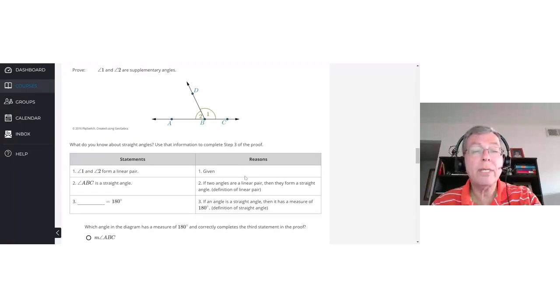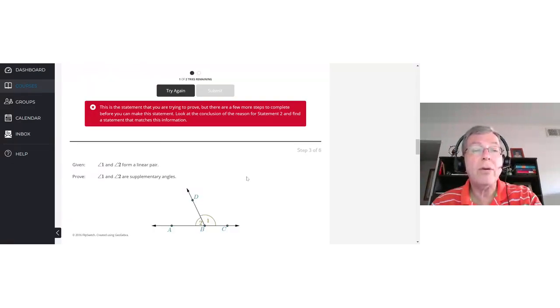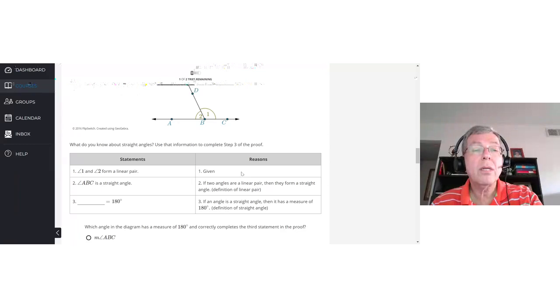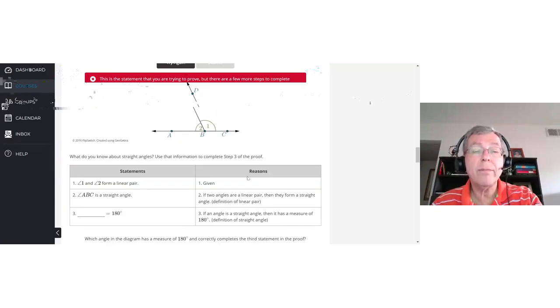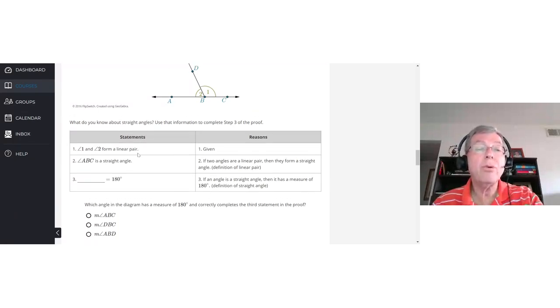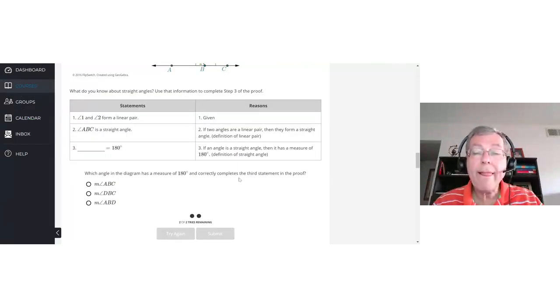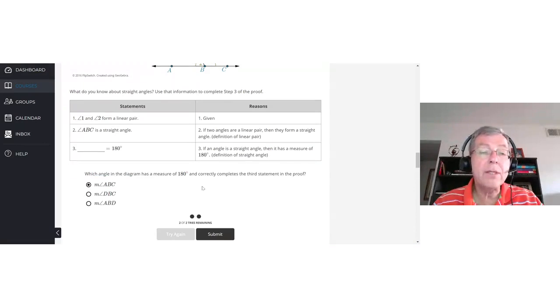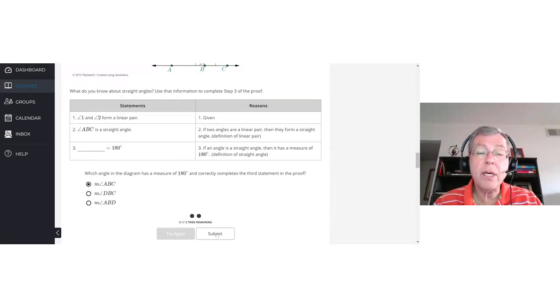So we're jumping down here. ABC is a straight angle. So it was that first one. And then the last one is what we're trying to prove: that the measure of ABC is 180 degrees.